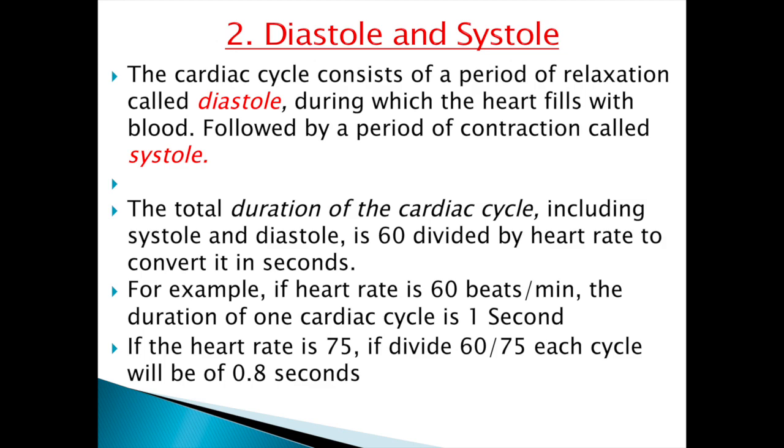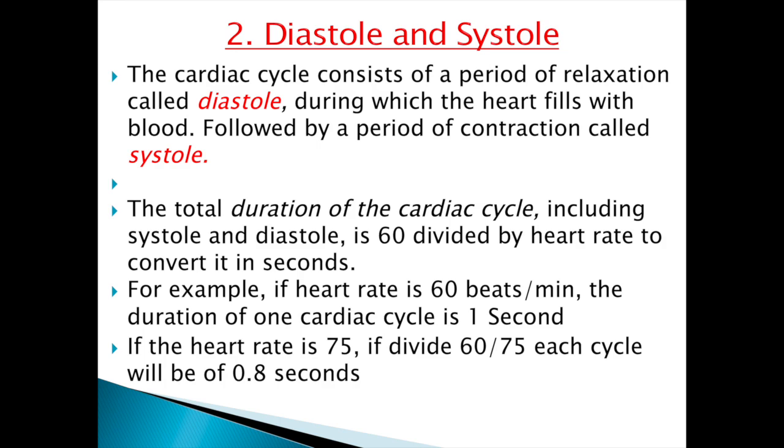The total duration of the cardiac cycle, if we calculate at 60 beats per minute, which is the borderline for bradycardia, each cycle will be 1 second. If we divide 60 seconds by 60 beats, it will be 1 second for 1 beat.